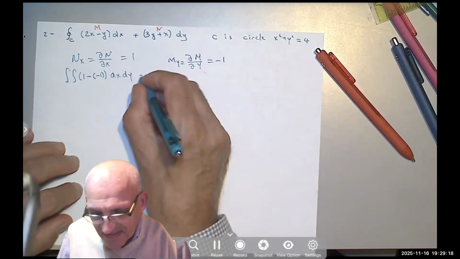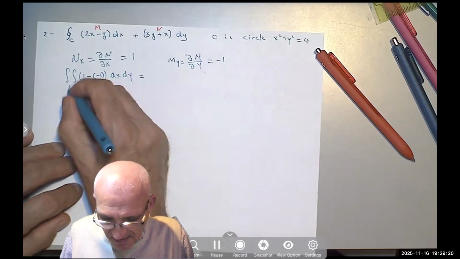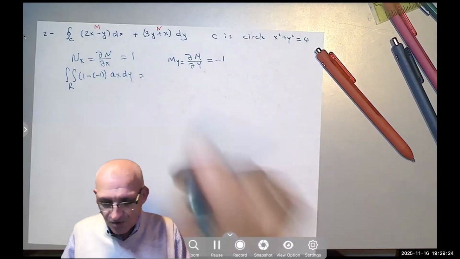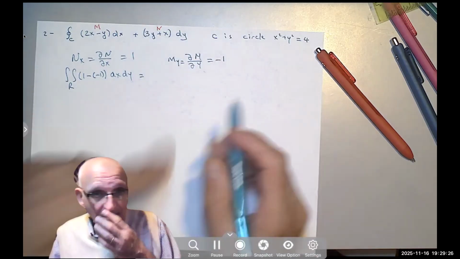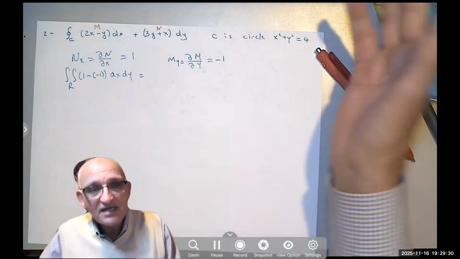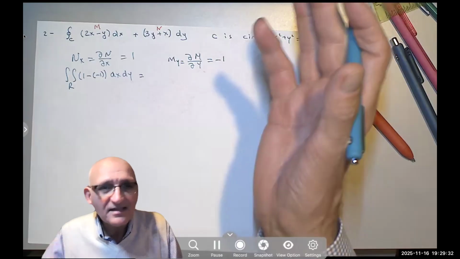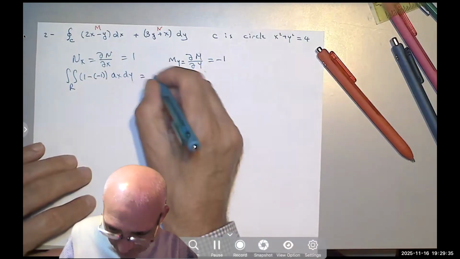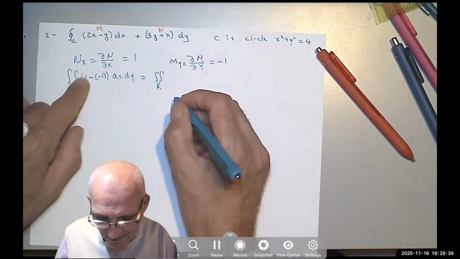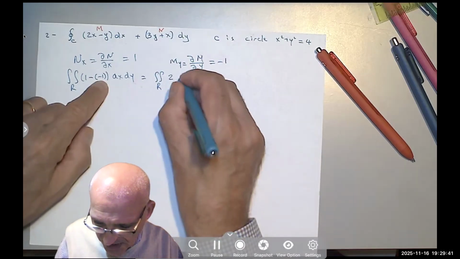Here, I've seen people do it like we did the previous problem, you transfer the x and y into r and theta, and dx dy would be r d theta, and do all this stuff. You don't need that. I will tell you why in a second. This is the double integral over the region of 1 minus -1, or 2, dx dy.